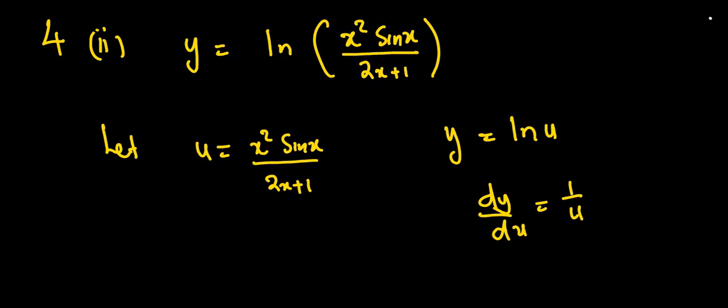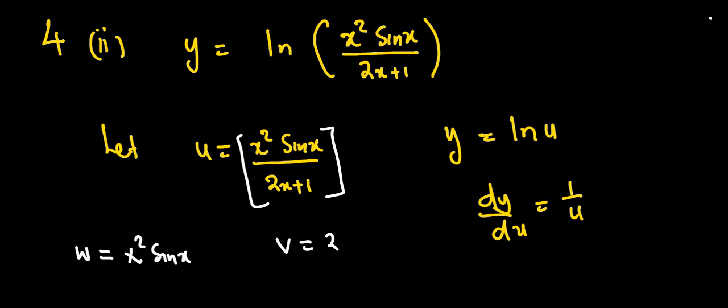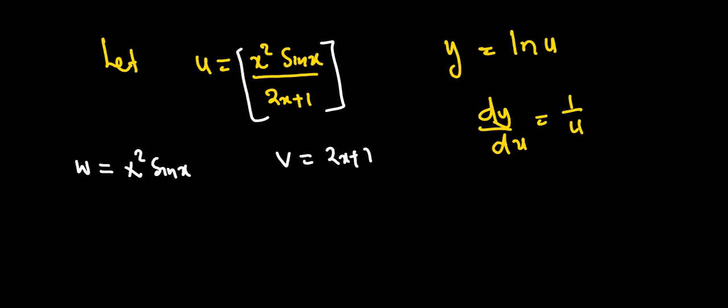We're supposed to use the quotient rule to differentiate this. Instead of u, I'm going to use another letter, omega. Our w is equal to x squared sine x, then our v is 2x plus 1. I'm avoiding using u because it has already been utilized.